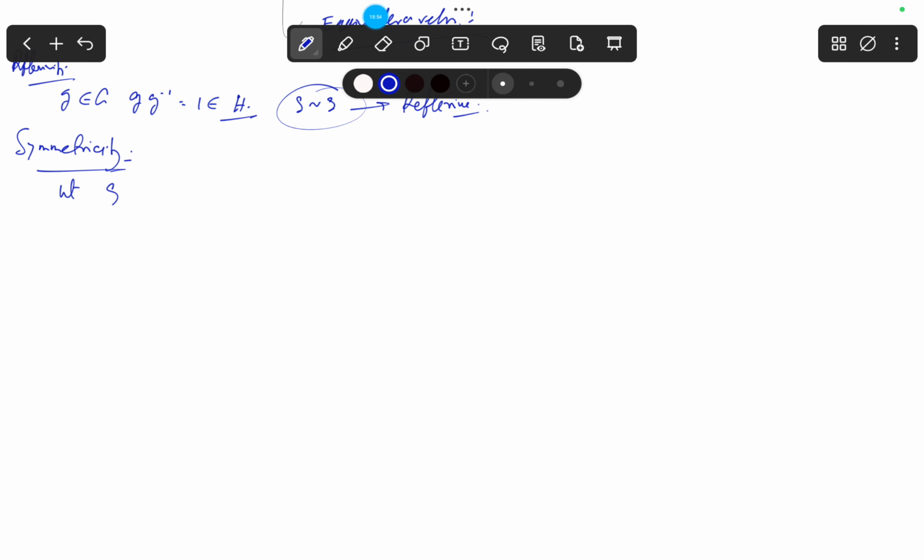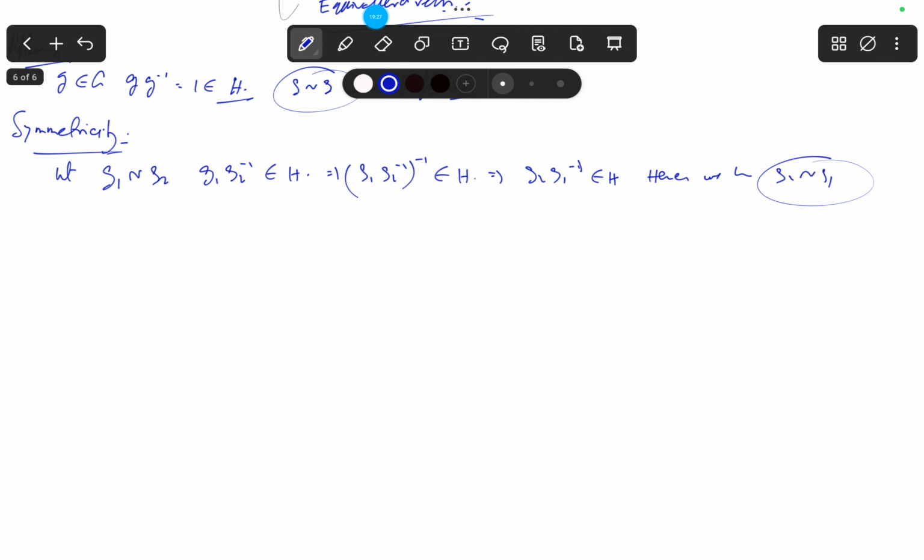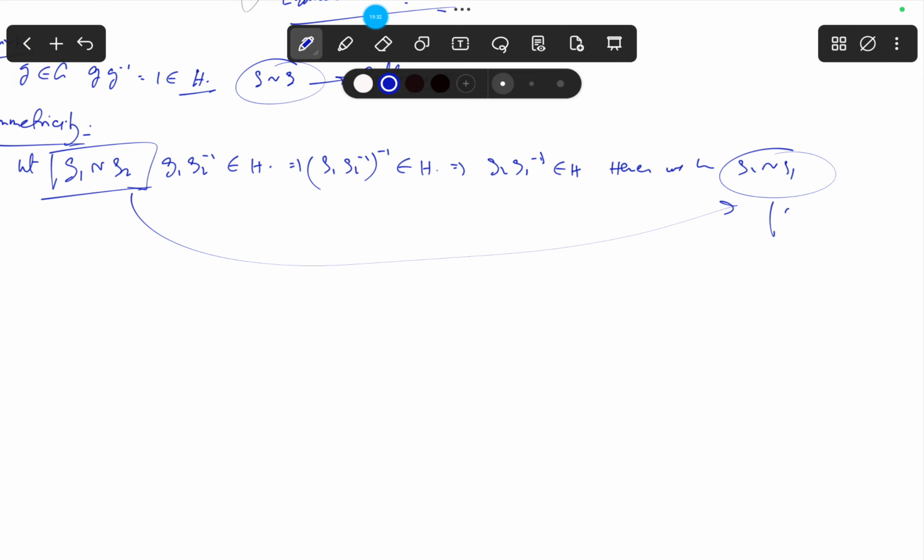Let g1 be related to g2, so that means we have g1 g2 inverse in H. Now since g1 g2 inverse is in H, the inverse of this, (g1 g2 inverse) whole inverse, has to be there again in H, which means g2 g1 inverse is in H. Hence we have that g2 is related to g1. So whenever g1 is related to g2, that implies g2 is related to g1. That means it is symmetric.